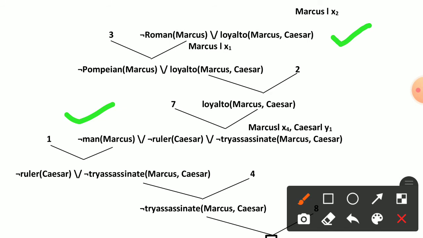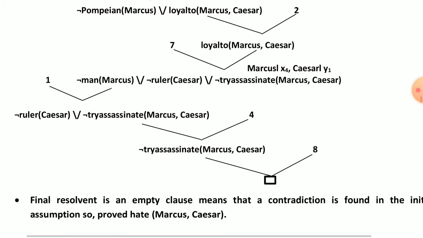This is the first statement. Next is not ruler Caesar or not try assassinate Marcus comma Caesar. This is the fourth statement. Next is not try assassinate Marcus comma Caesar.